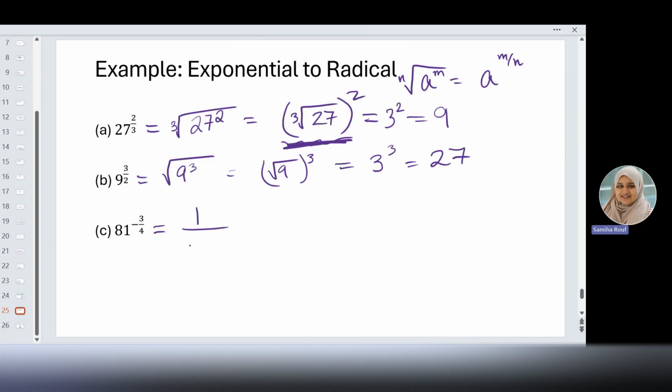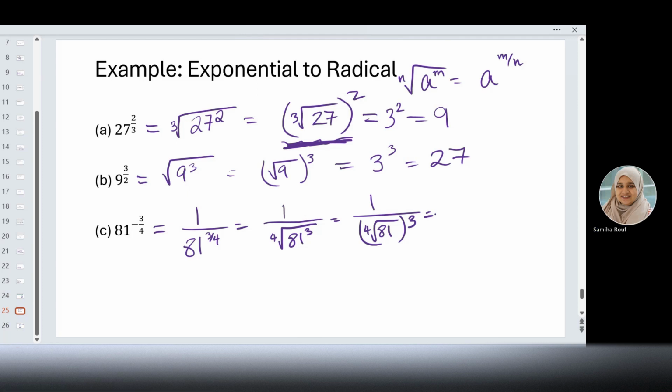So we actually need to rewrite this statement as 81 to the power of 3 over 4. And now we can change it to radical form. So you can never change an exponent to radical form if it's negative. You need to convert it to a positive exponent. All right. So now this is 4th root of 81 cubed. Or again, you can do the 4th root part first and then take the cube. Okay.